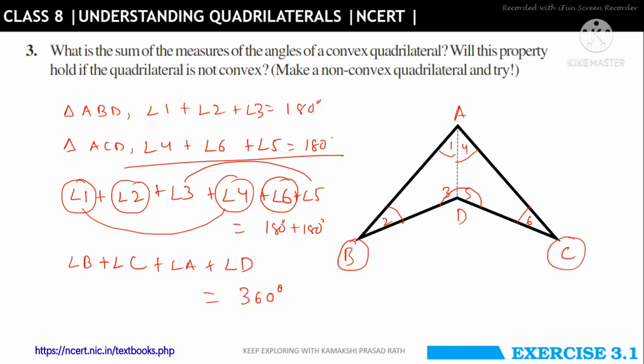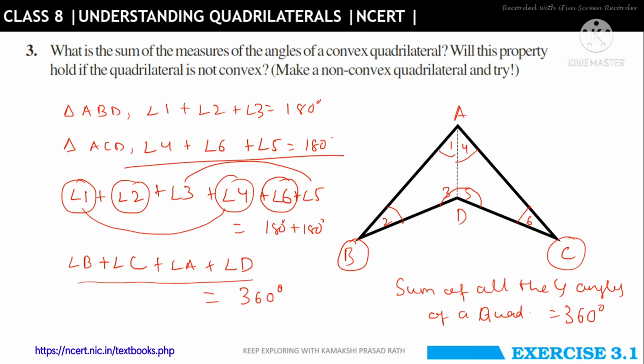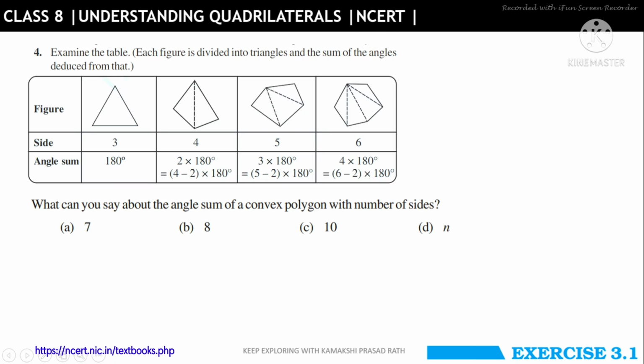Hence we see the sum of the four angles of a non-convex quadrilateral is also 360. So now we can say the sum of all the four angles of a quadrilateral is always 360 degrees, no matter whether it is convex or not convex.